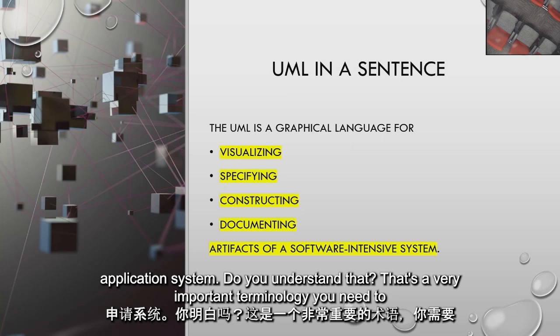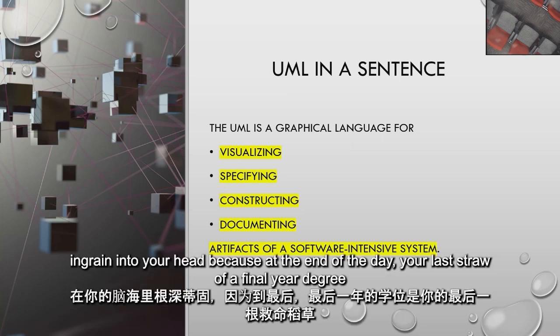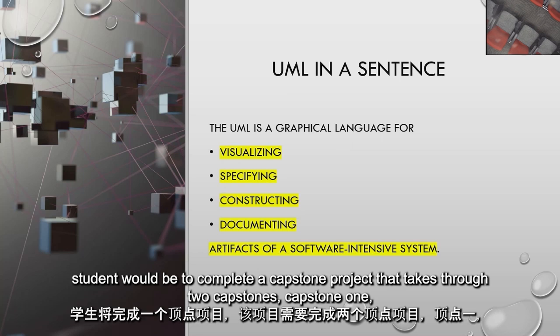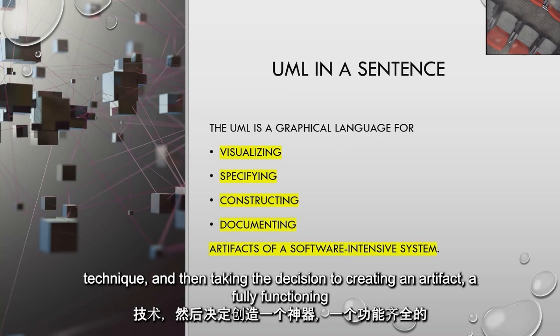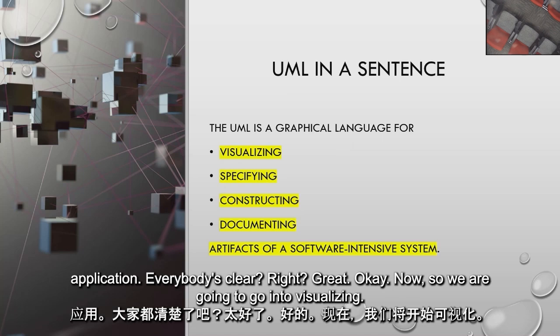That's a very important terminology you need to ingrain into your head, because at the end of the day, your last straw of a final year degree student would be to complete a capstone project that takes through 2 capstones. Capstone 1, which is what you're learning in this diagram, depicting the requirements into a diagramming technique, and then taking the transition to creating an artifact, a fully functioning application. Everybody's clear? Right? Great. Okay?